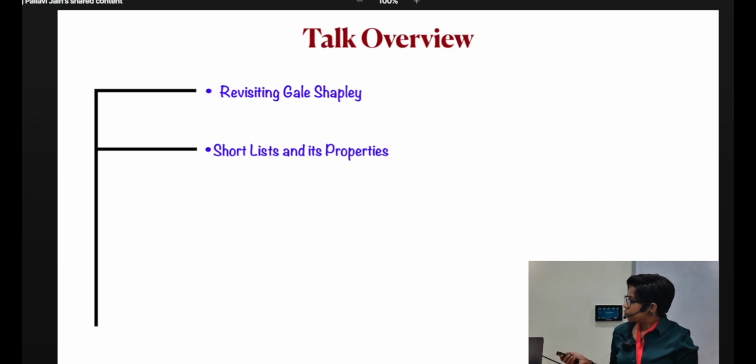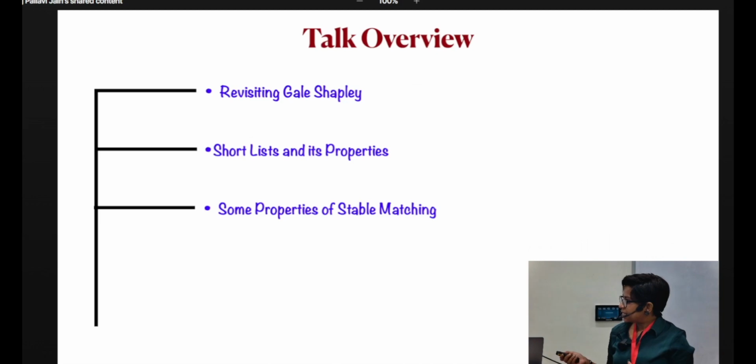As I said, we'll be talking about some additional properties of Gale-Shapley, and that's where the shortlist and its properties come in. That leads us to some properties of stable matching itself that remain in the background when you're just running the Gale-Shapley algorithm, but which build up the entire framework of the mathematics of stable matching.